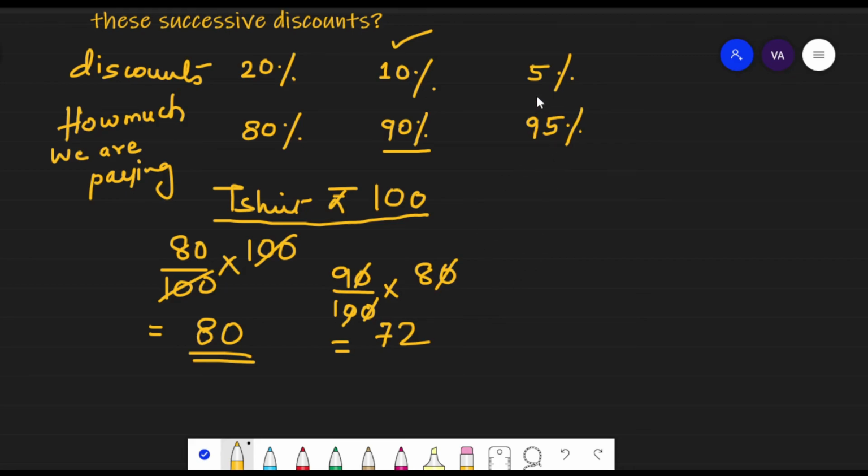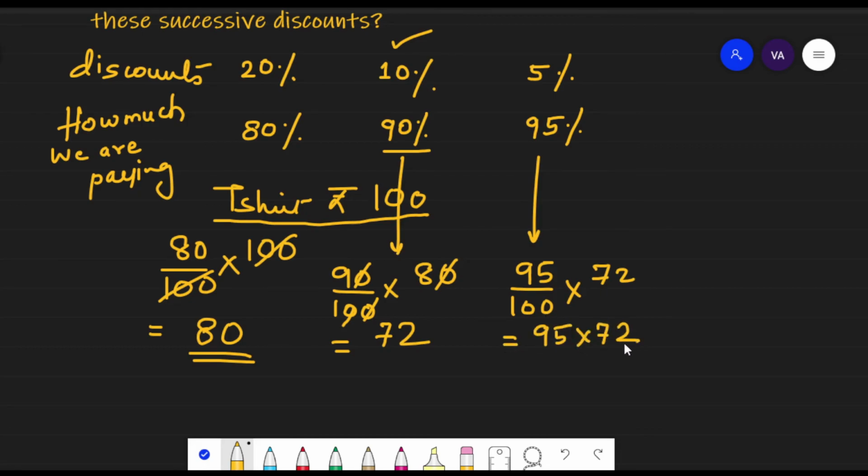Now again, there is a third discount of 5%. That means we are paying only 95% of 72. So 95 into 72 will work out.